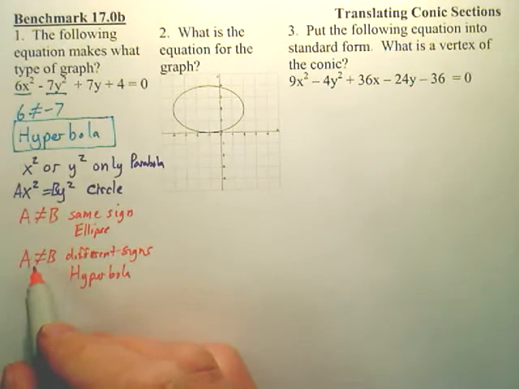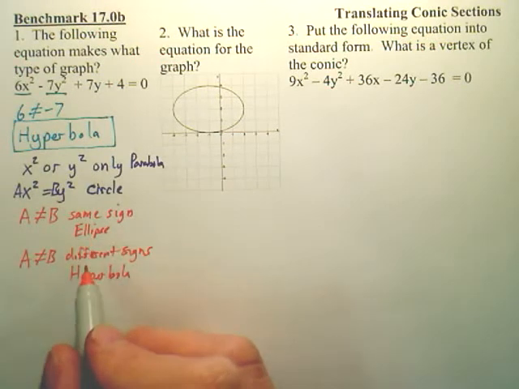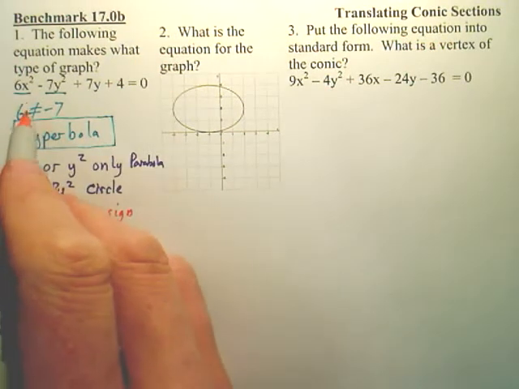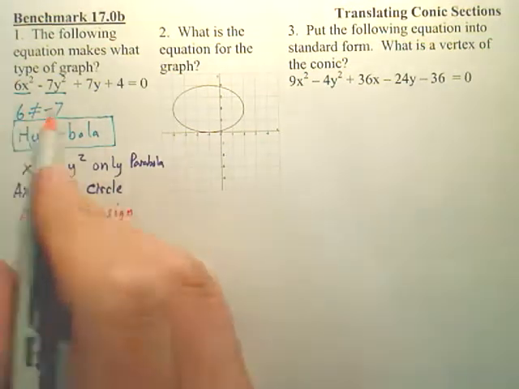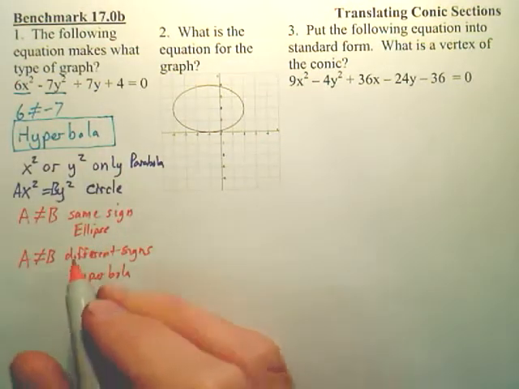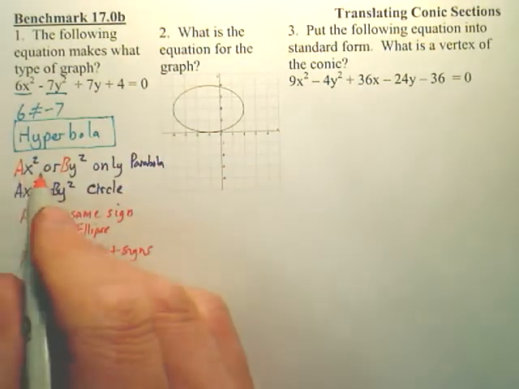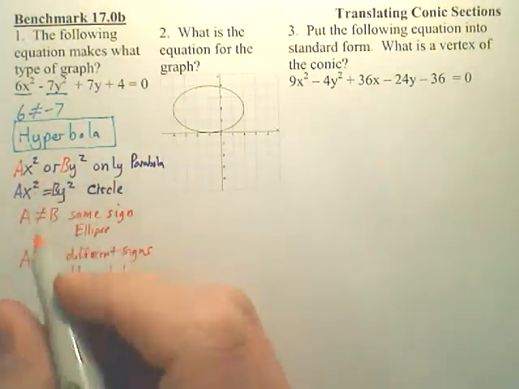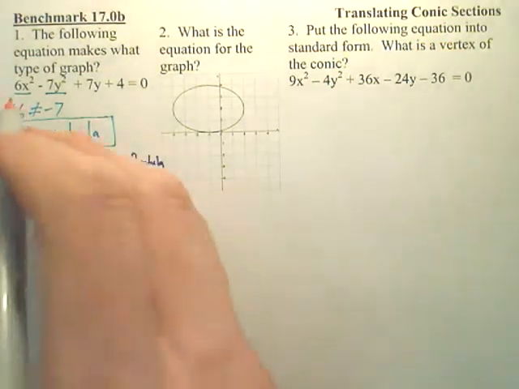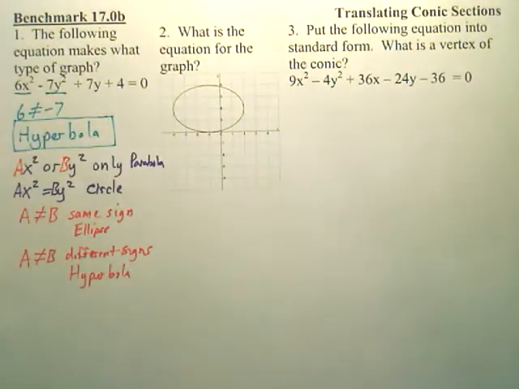So, if a and b are not the same, but you have the same signs, it's an ellipse, but if they're different signs, it's a hyperbola. For instance, this one, they were not equal. One's a negative, one's a positive, so it's a hyperbola. Again, you have either an ax squared or a by squared. It's all about these two terms. This is your a, this is your b. Okay, that's for figuring out what type.